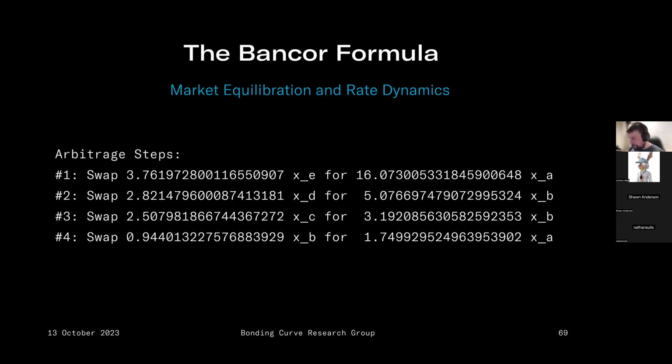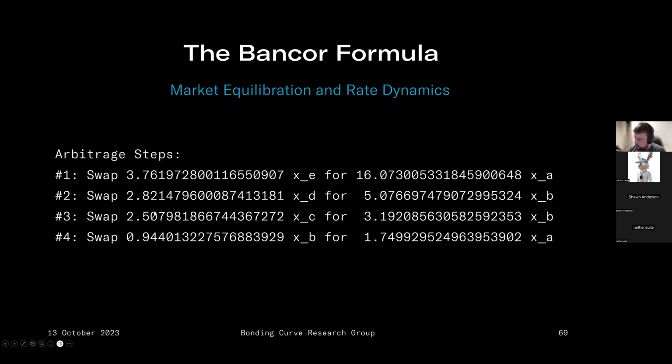And as they do that, it should bring the balance of all of the tokens into such a state that the portfolio valuation is distributed exactly according to the reserve weights. So this is that instruction set. We start by swapping 3.7-ish of the E token for 16 of the A token. We then swap 2.8-ish of the D token for 5.07 B tokens.